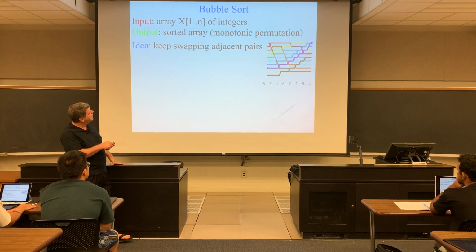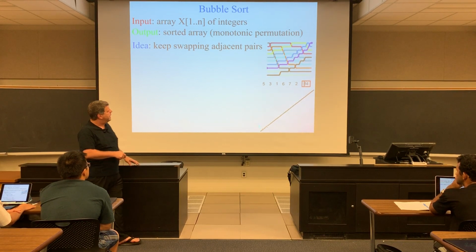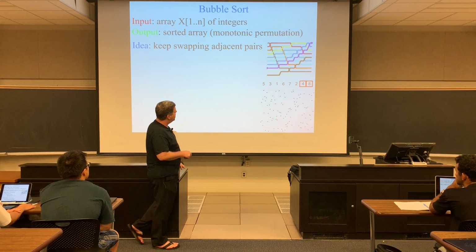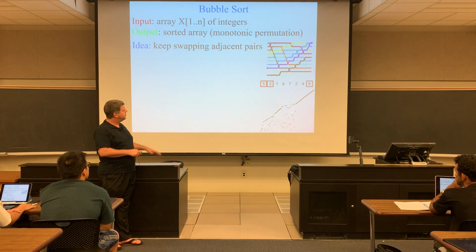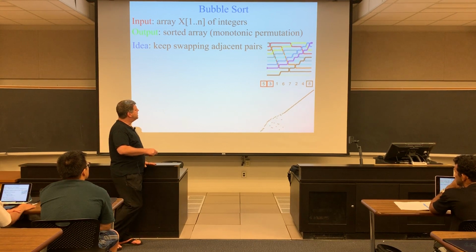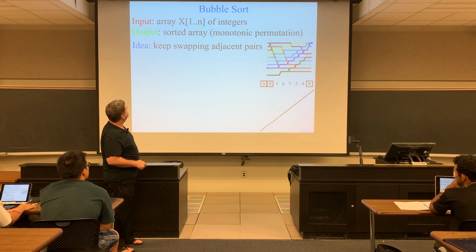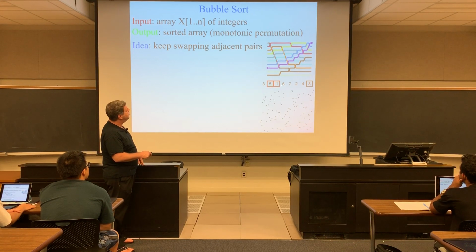Okay, so diagrammatically, it kind of looks like this. And graphically, it looks like that. So here's the random data set, and we're swapping pairs. And as we're swapping pairs, it falls into order, bubble sort. Here's more specifically the 5 and the 1, will get swapped and so on.